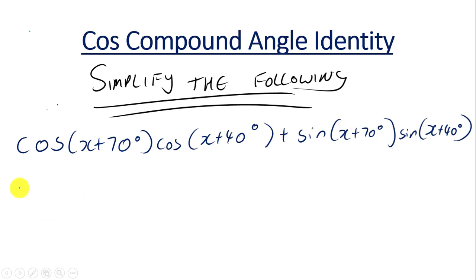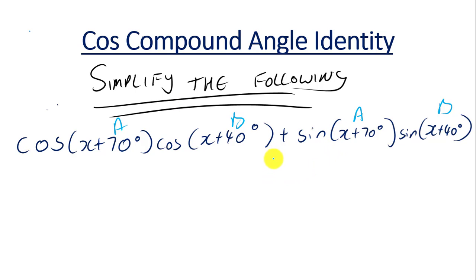A relevant example. This question asks us to simplify the following: cos of x plus 70 degrees times cos of x plus 40 degrees plus sine of x plus 70 degrees times sine of x plus 40 degrees. We're obviously dealing with the cos compound angle identity, and we see that it's already in the cos cos, sine sine format, and it's A, B, A, B. So we don't need to change anything in terms of order.